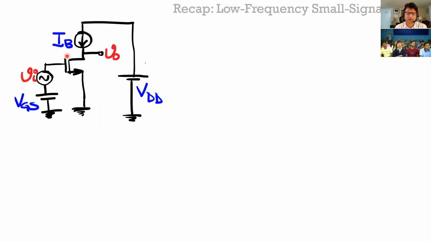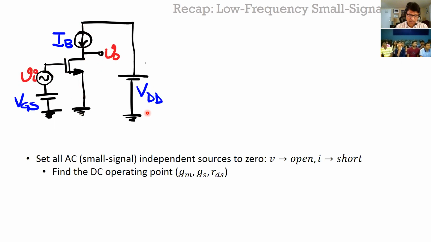Because this is a nonlinear device, we said that we need to linearize it, and that's why we do small signal models. So the quick 3 main steps: if you have a small signal model like this, you want to first set all small signals to 0.